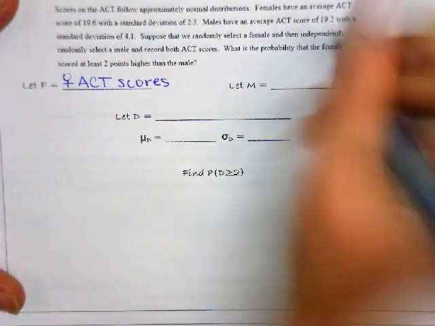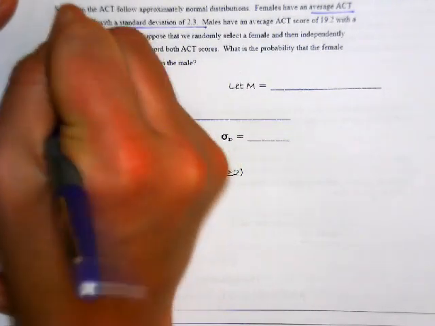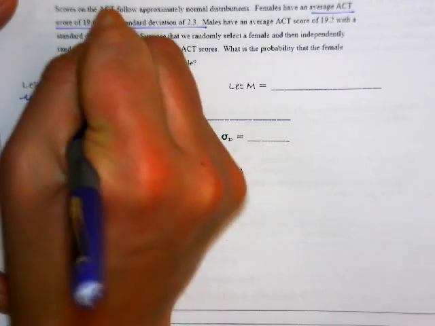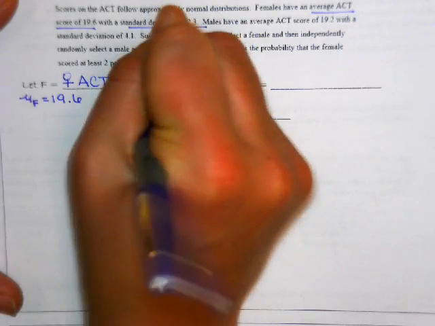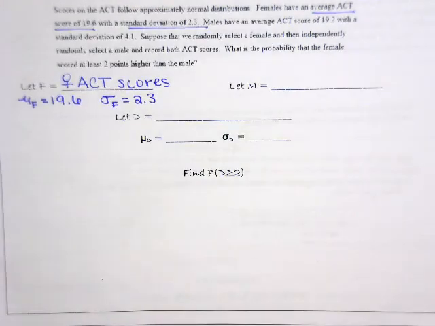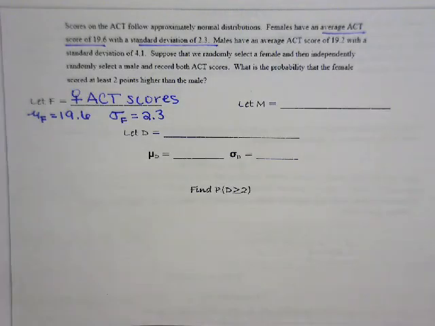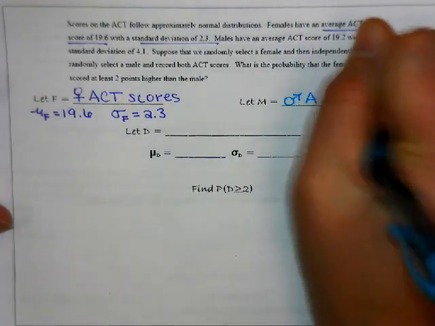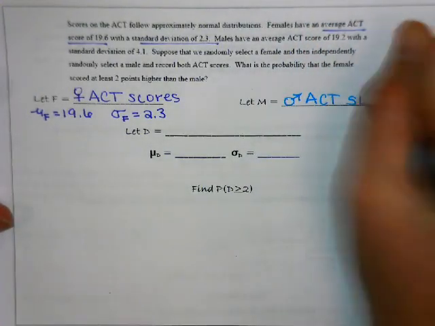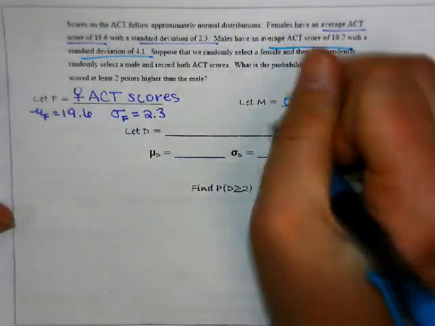So I'm going to write those down below. And then M is going to be the male ACT scores, which it tells us up above they have an average 19.2, standard deviation 4.1.